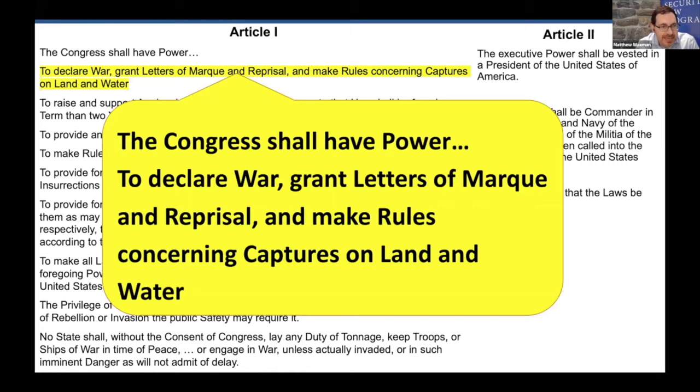The way I put it is this: wars today, really since the end of World War II, aren't usually formally declared anymore. The United States hasn't formally declared war since World War II. But in the late 18th century, a declaration of war was a significant international legal idea.